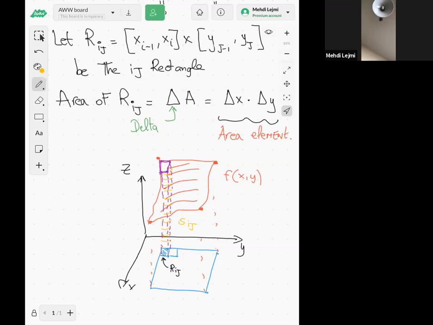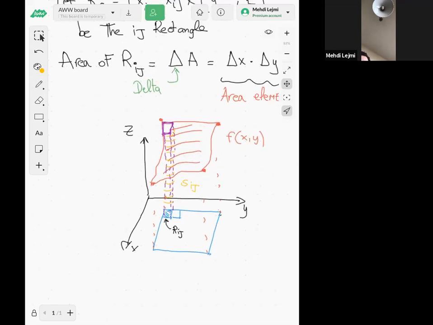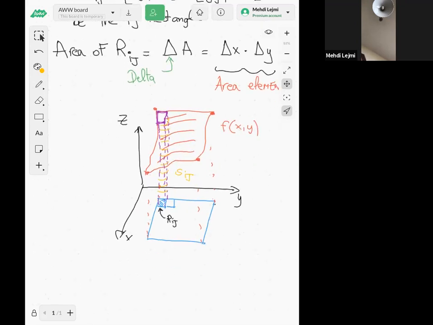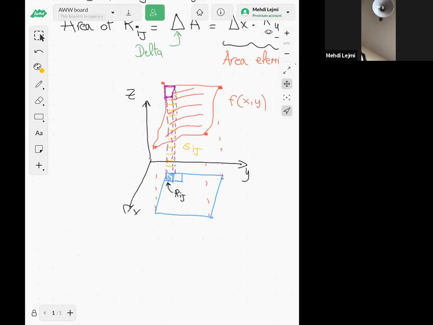So the volume of this region Sij would be the area of your rectangle Rij times the height, which would be f of xi, yj.